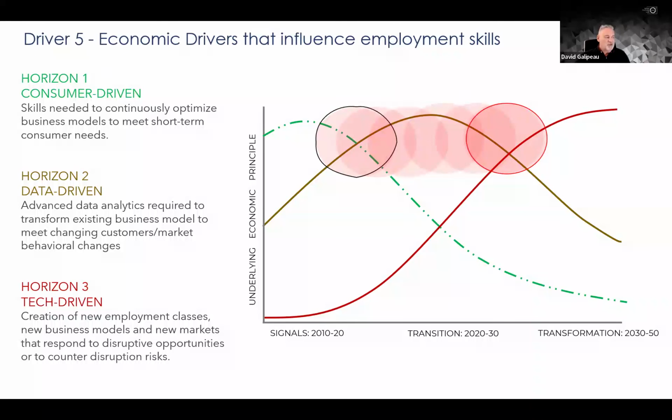And technology-driven means the creation of new employment classes, new business models, and new markets, responding to these disruptive opportunities. Again, the purpose of business is managing risk and creating value. And how do we do this better with technology as opposed to human labor?